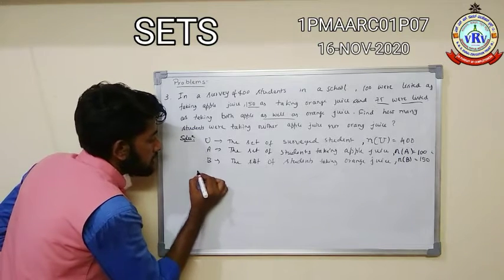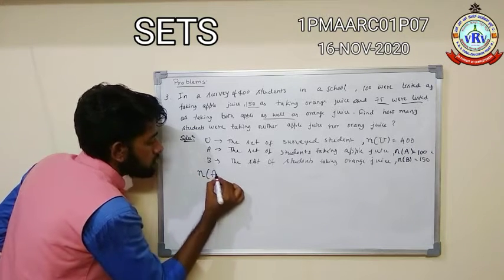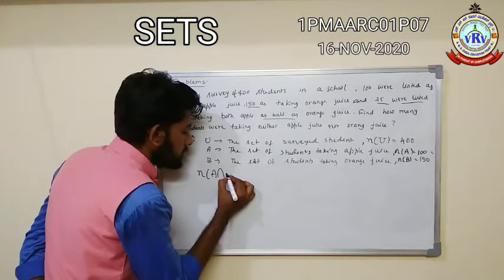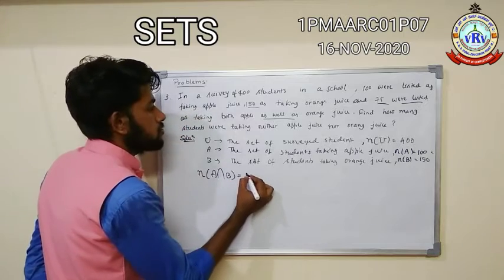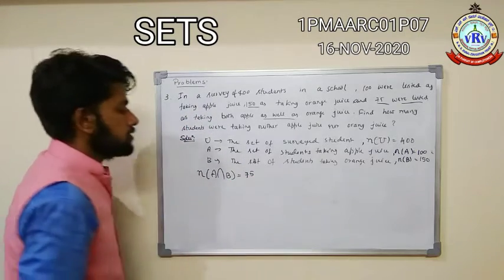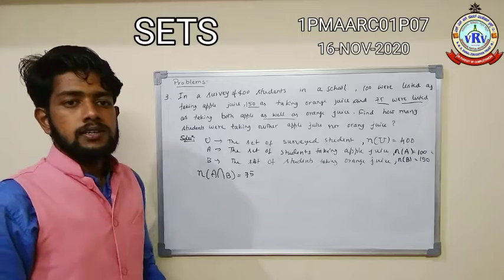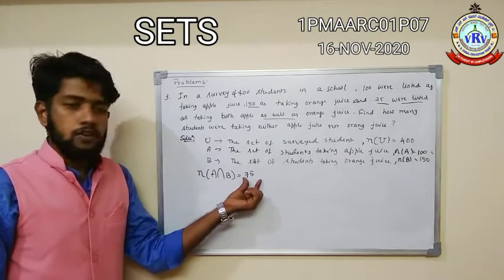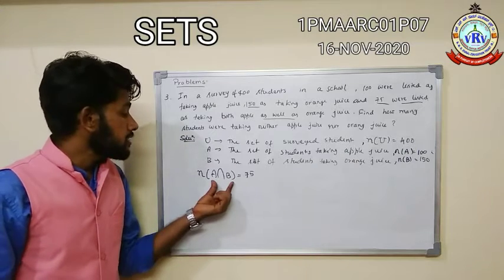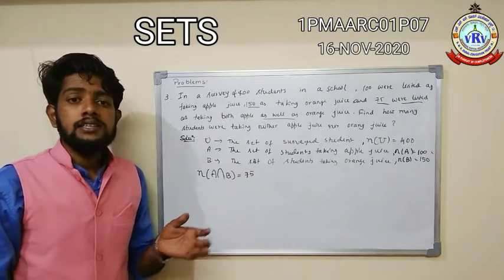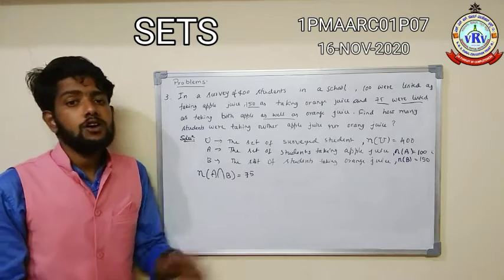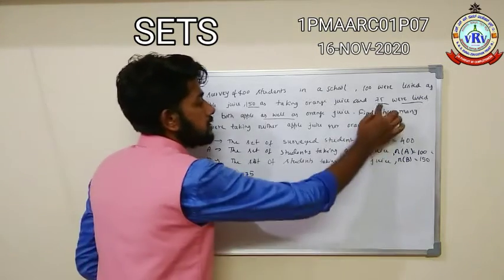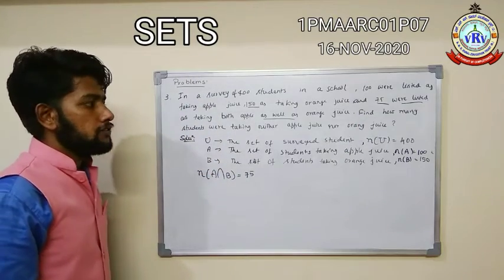So the number of students who have taken both apple as well as orange juice is given as 75. That means here we have the intersection of these two sets A and B. Therefore, n of A intersection B is equal to 75.